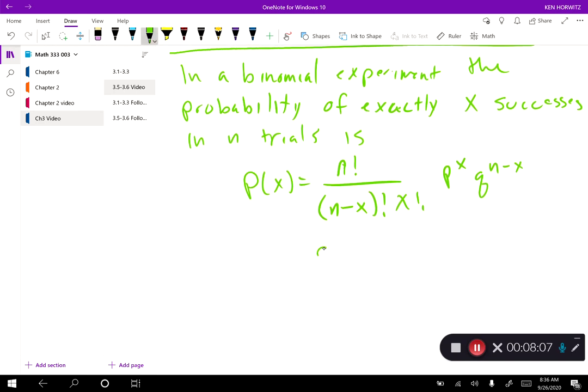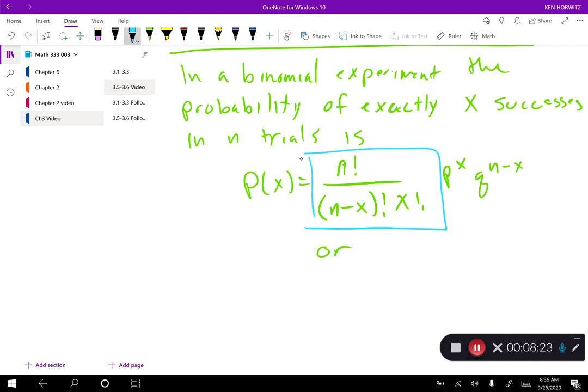There is an alternate, gets you the same answer. This particular piece looks very similar to what we studied before. Looks to me like a combination kind of formula.